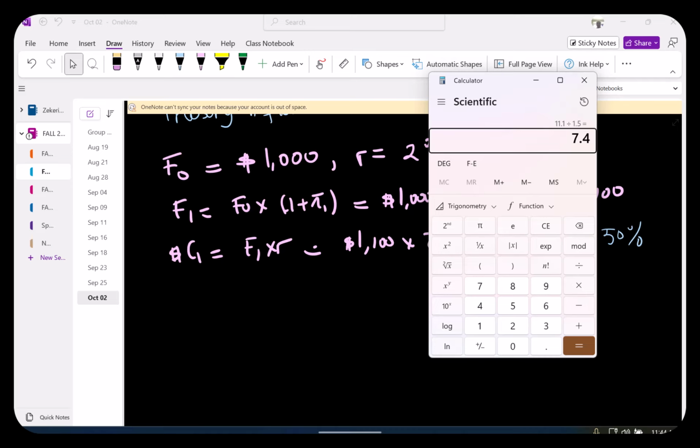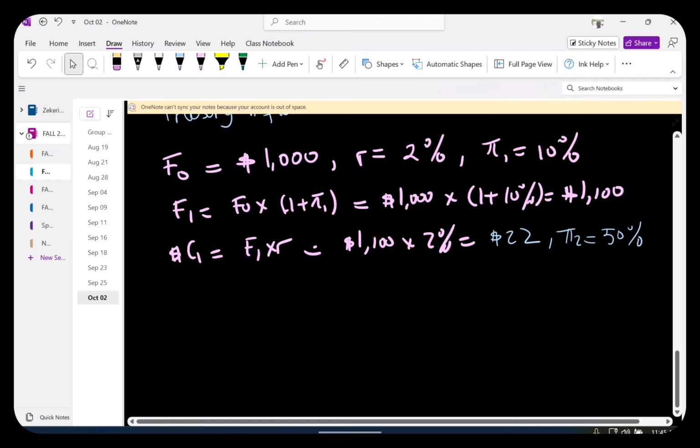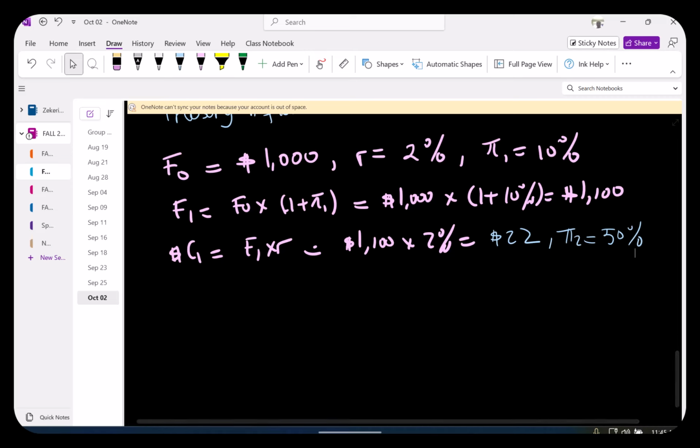It's going to be about negative 27%. So you're off by about 17%.